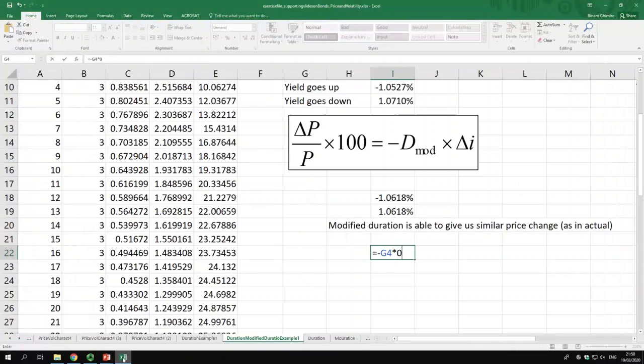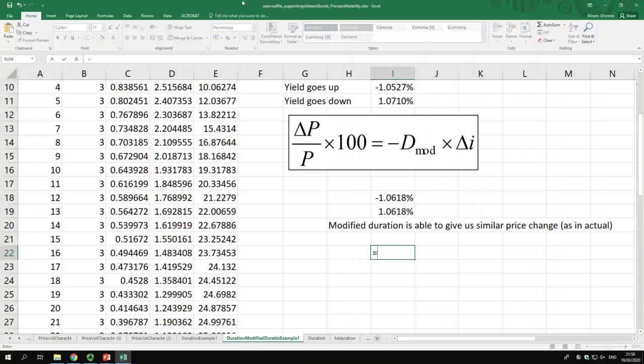So 0.2%, when you do this, you get 0.02124, which in terms of percentage is minus, let me see what we need to do, not 0.2%, isn't it? The basis point is what we are talking about here. Let me do it again.